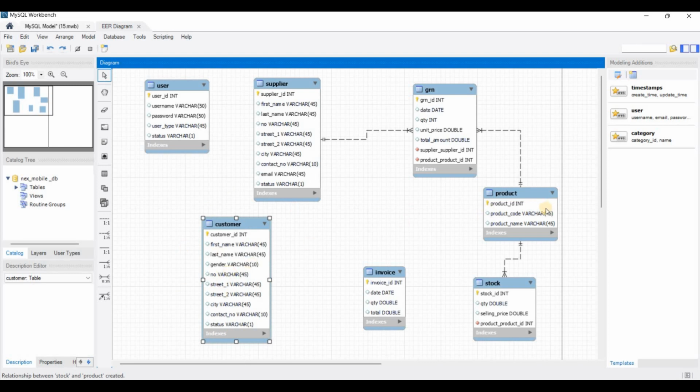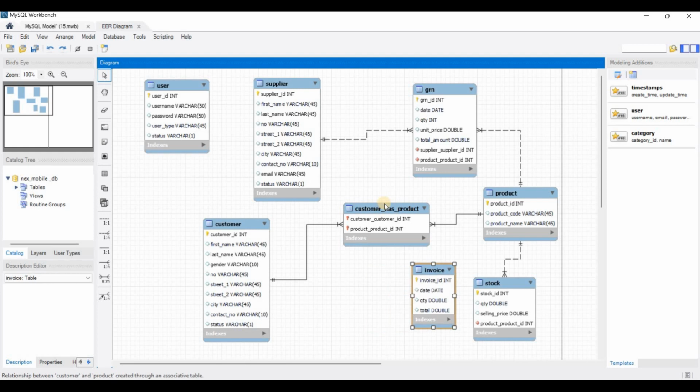When we get one product, a product can be purchased by one or more customers. So the relationship between customer table and the product table is a many-to-many relationship. This is the symbol we use to mark the many-to-many relationship. I'm using this symbol and here's the relationship.